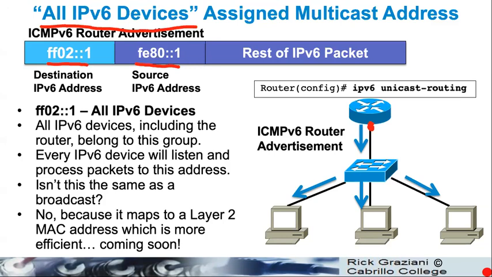We're going to see that this allows IPv6 to handle things much more efficiently than we do in IPv4. We'll get to that in a moment, but it's actually a big reason why in many cases we use a solicited node multicast address instead of a broadcast that we would use in IPv4. We'll get there, so just hang in there with me.